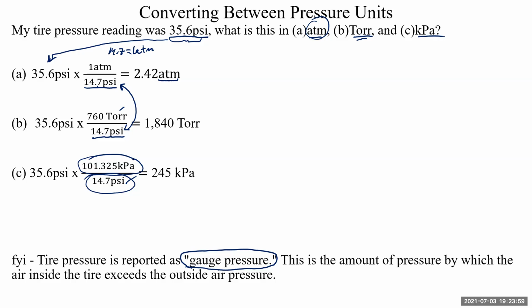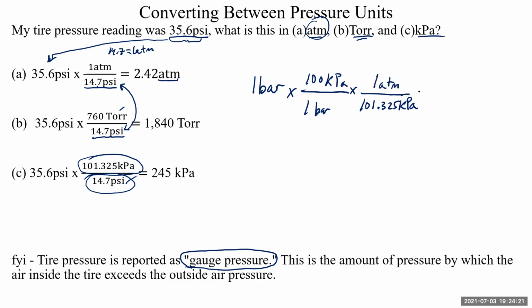Actually, it's 1 bar, 100 kilopascals, and we know that 101.325 kilopascals is equal to 1 atmosphere.